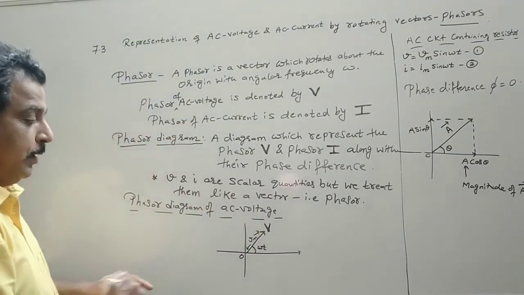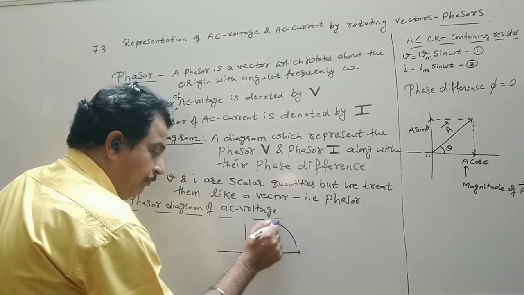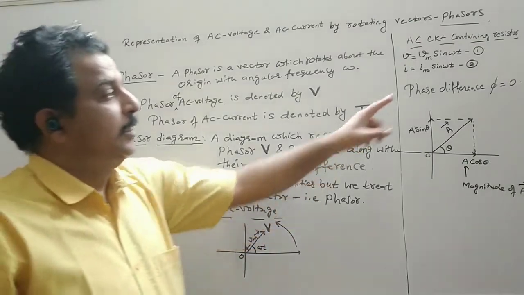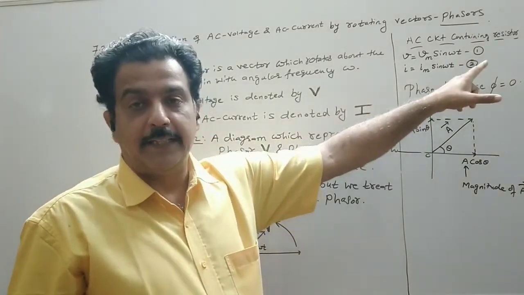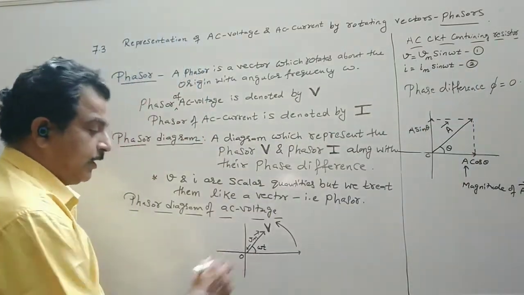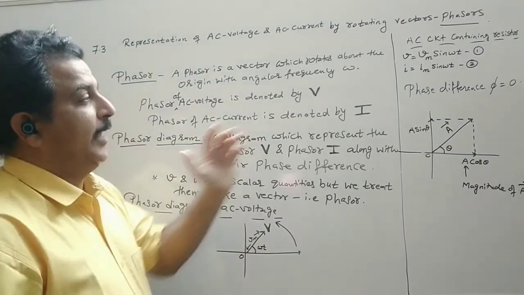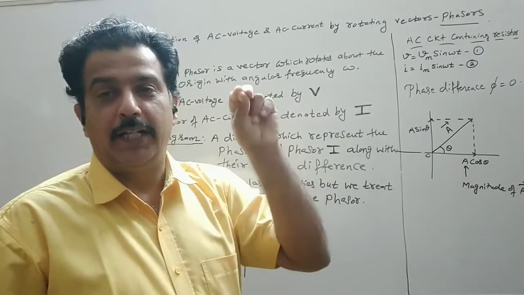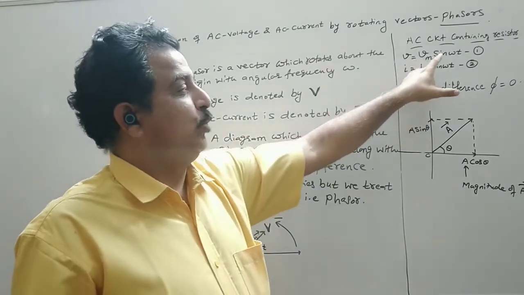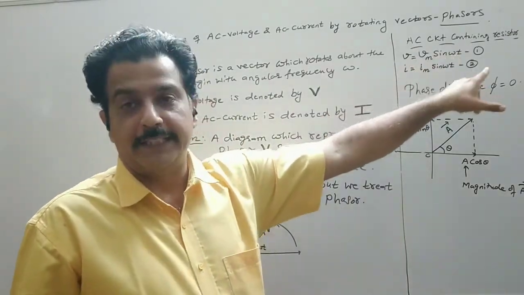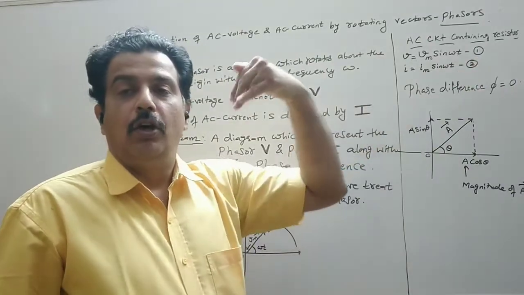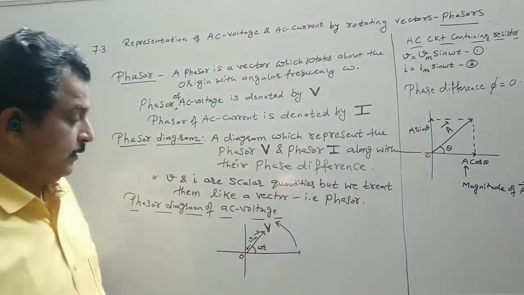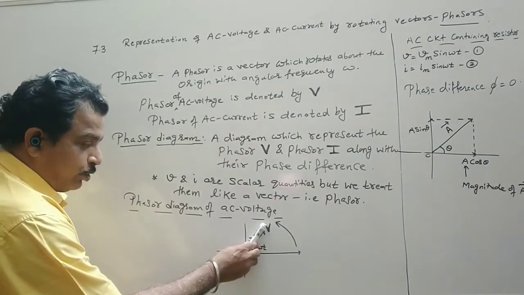Now this vector will rotate. Rotate means the angle will increase. Suppose this angle is 30 degrees. Then the AC voltage at that instant is V equal to Vm sine 30. As time increases, this phasor will also rotate.